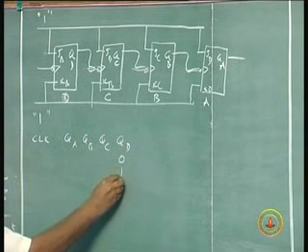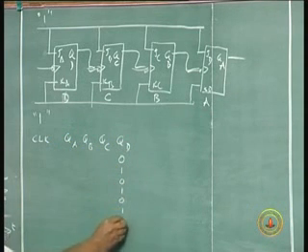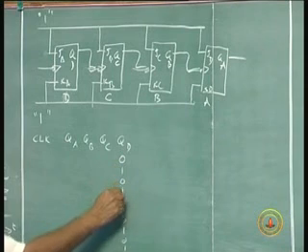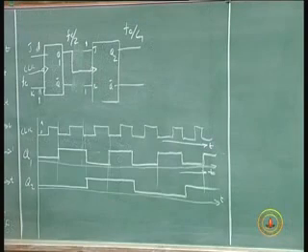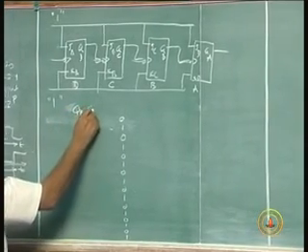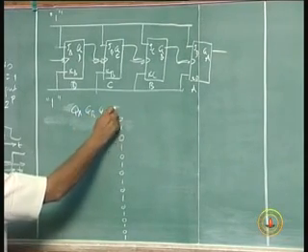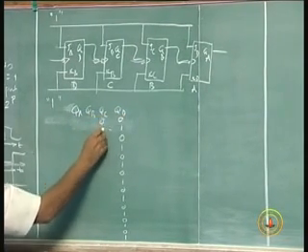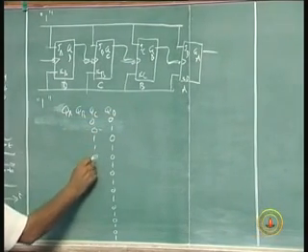QA goes 0, 1, 0, 1, and so on, and QB goes 0, 0, 1, 1.